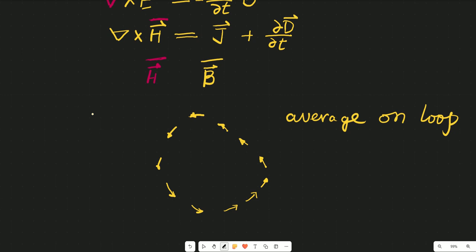This is the magnetic field, so we get a magnetic field B. So we can use a Hall effect device on a loop to get the average magnetic field.